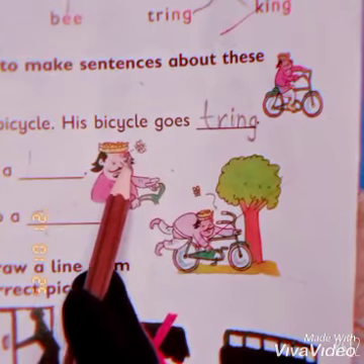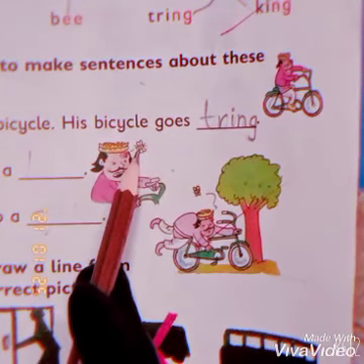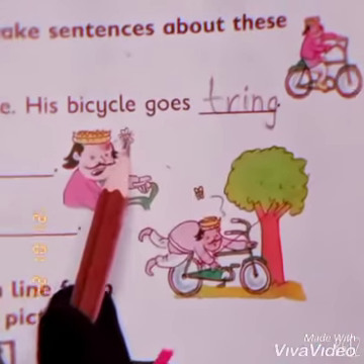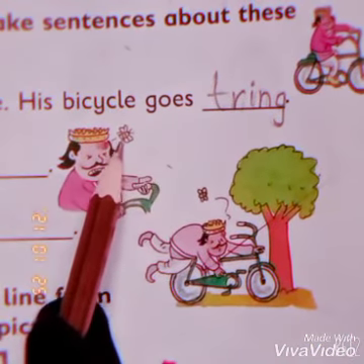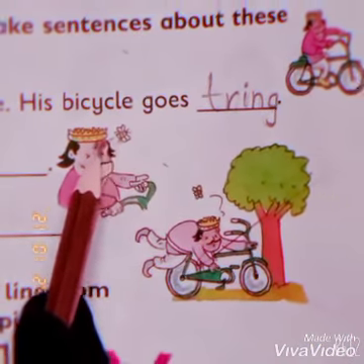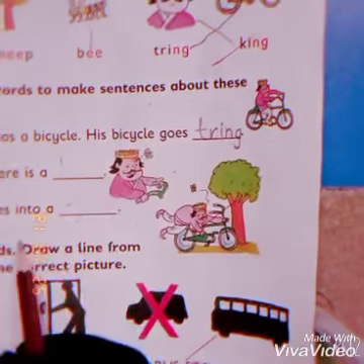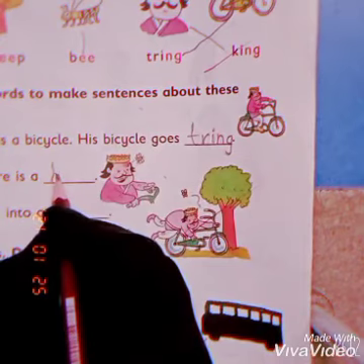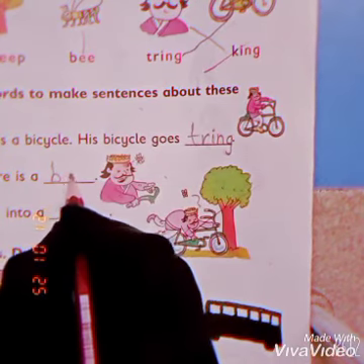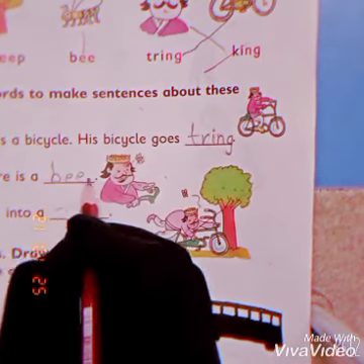There's the bee. Here's the bee. Look here, kids. What's there? Here's the bee. Write here the spelling of bee. Oh dear, there's the bee. B-double-E, bee.